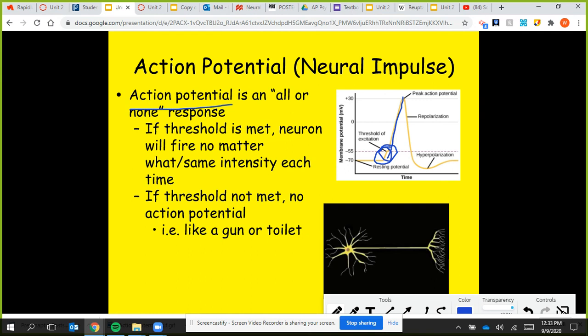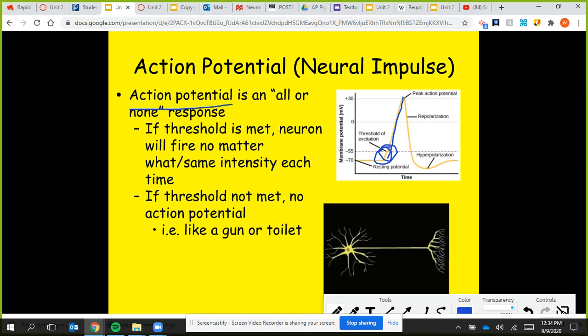This kind of depends on if it happens in the brain or in the sensory receptors. But if there's some sort of sensory stimulus in the environment, like let's say, we'll talk about this next unit, that there are some smell particles in your environment, but there aren't enough of them to trigger enough sensory receptors to pick them up, then those neurons wouldn't fire.